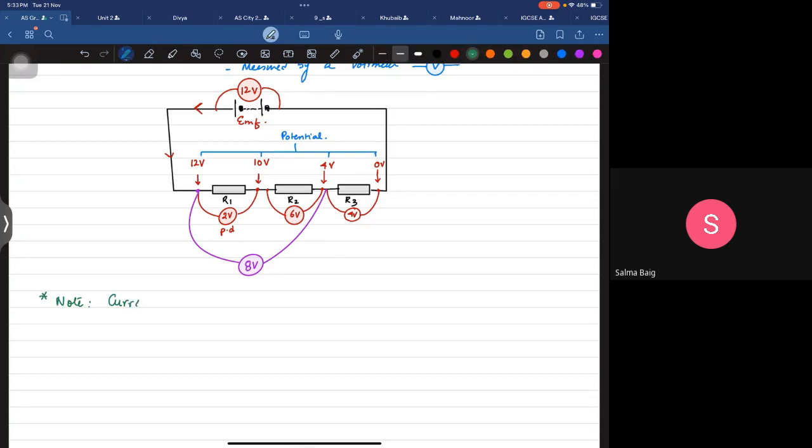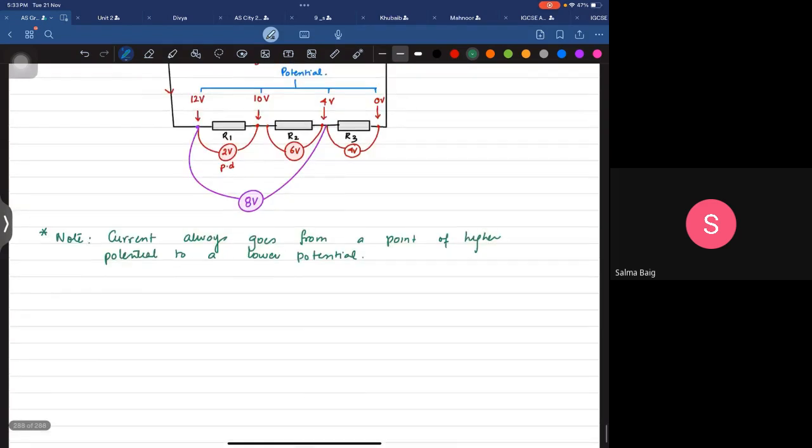So remember that current always goes from a point of higher potential to a lower potential. And why is it so easy to remember? Because we used to study that energy always travels from high concentration to low concentration. So it's the same way.